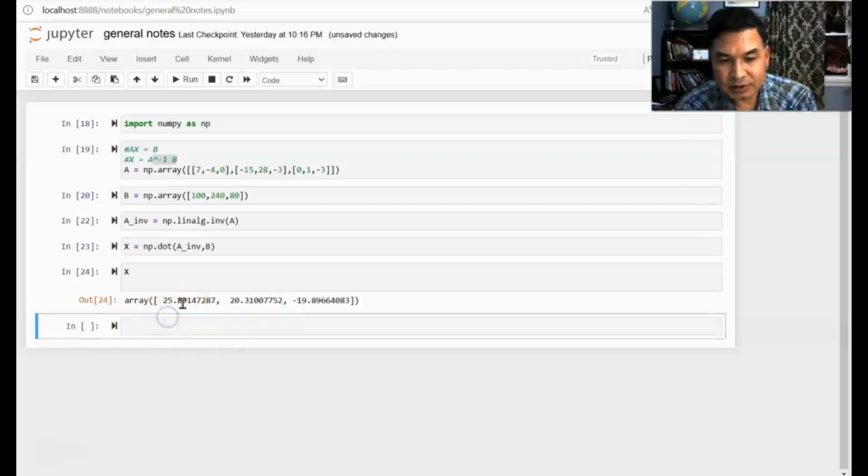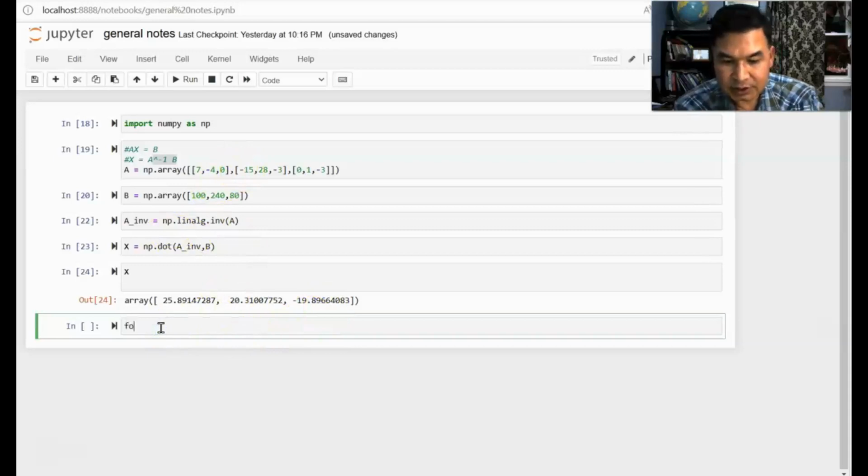So it outputs a list of 3 unknown elements. This is your V1, the first unknown voltage. This is the second unknown voltage, and the third unknown voltage. So you can use these few lines of code to solve the matrix and find the unknown voltages.